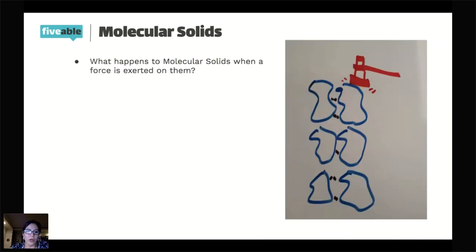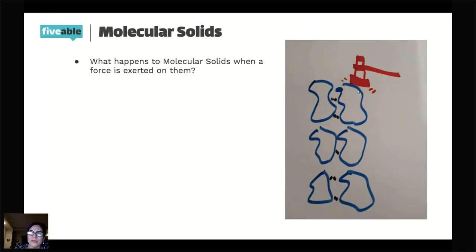Okay, now, what happens to molecular solids when a force is exerted on them? Would it break apart or would it stay together? Okay, my drawings are not so good, but I'm trying to show here a structure of sucrose and the intermolecular attractions, the hydrogen bonds between one molecule and the other.